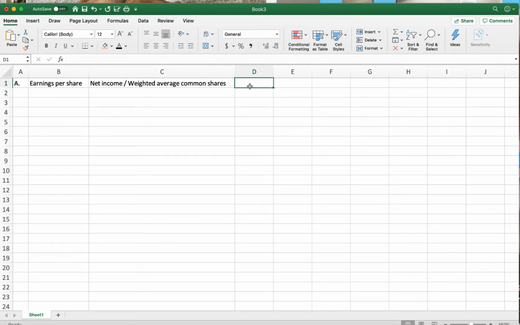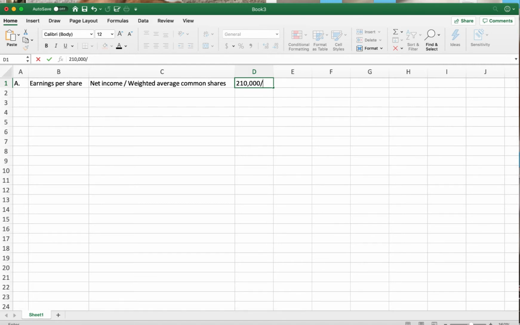So I need to go to my income statement, and I need to grab the net income. Well, the problem tells us that the net income is $210,000. So I'm going to plug that in. 210,000 divided by the weighted average common shares outstanding.